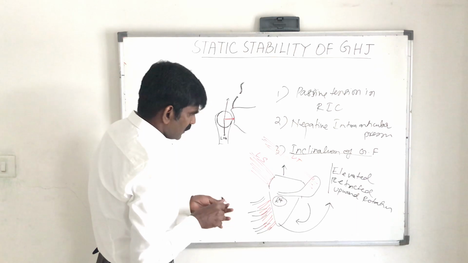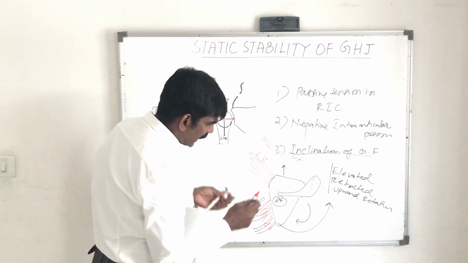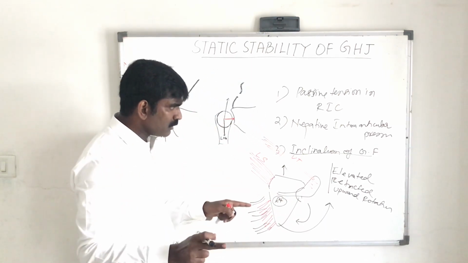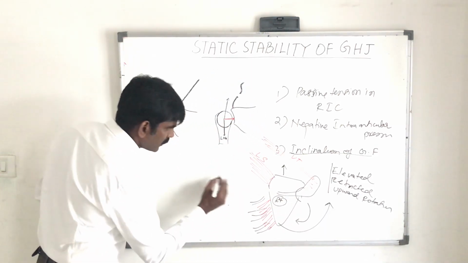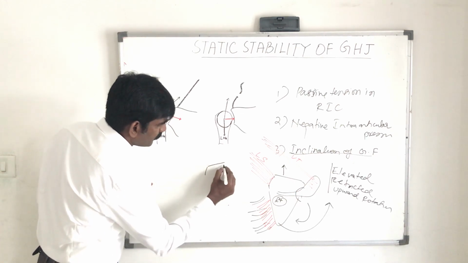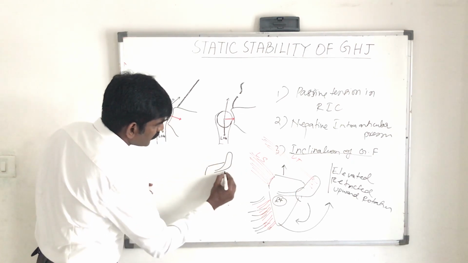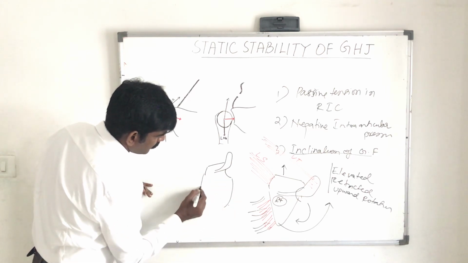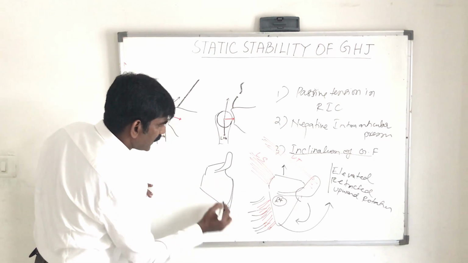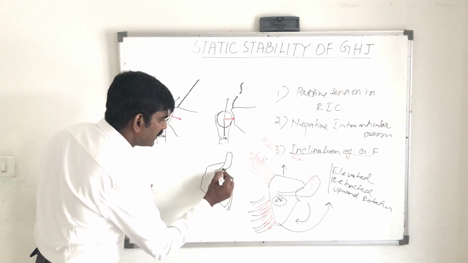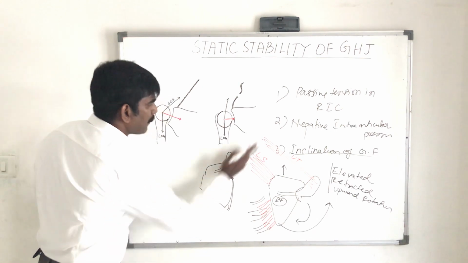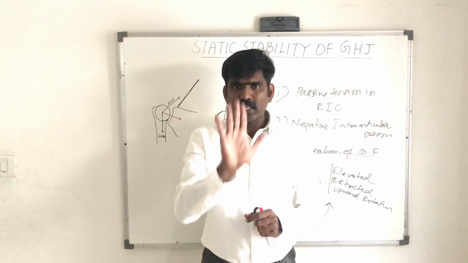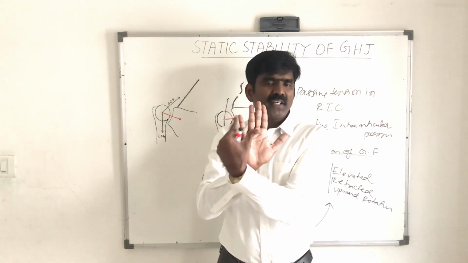So what will be the position of the glenoid cavity in optimal posture of the scapula? In optimal posture, the glenoid cavity faces slightly upward. Clear? Because the scapula is elevated, the glenoid cavity is towards the lateral side.